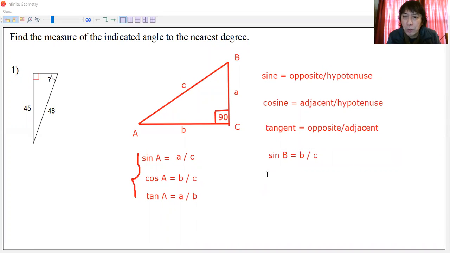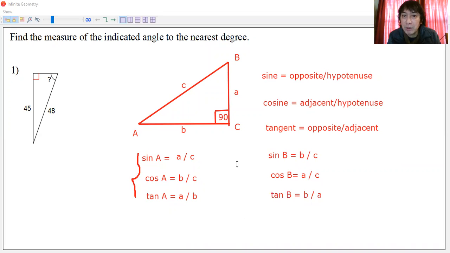And then for cosine of B, this will now be the ratio of adjacent side to angle B, and that is a, divided by the hypotenuse c. That's adjacent over hypotenuse. And then we have the tangent of angle B, which will still be opposite over adjacent, but the opposite side is the small b, and the adjacent side is the side a there.